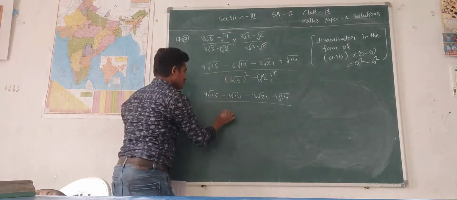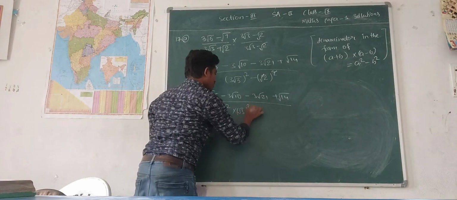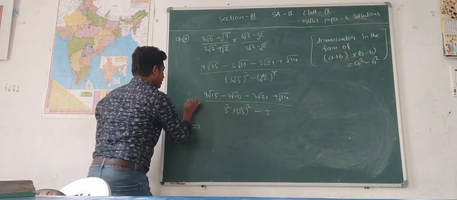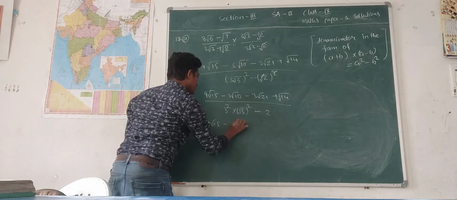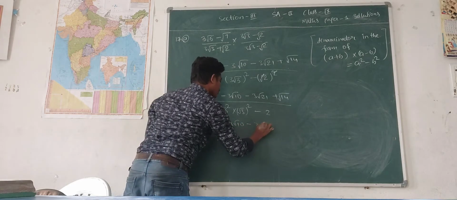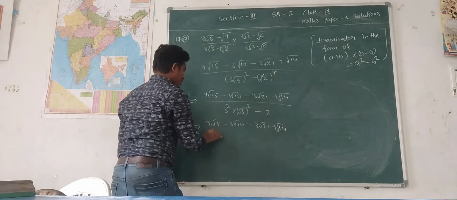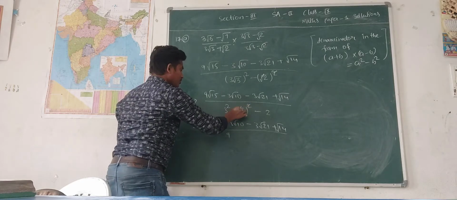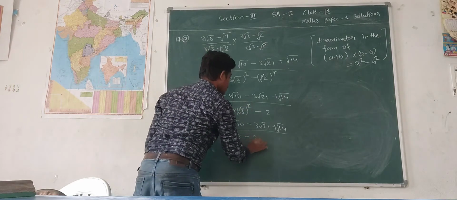I am taking this separately: 3² into (√3)² minus 2. The next step will be (9√15 − 3√10 − 3√21 + √14) by 9 times 3, minus 2.